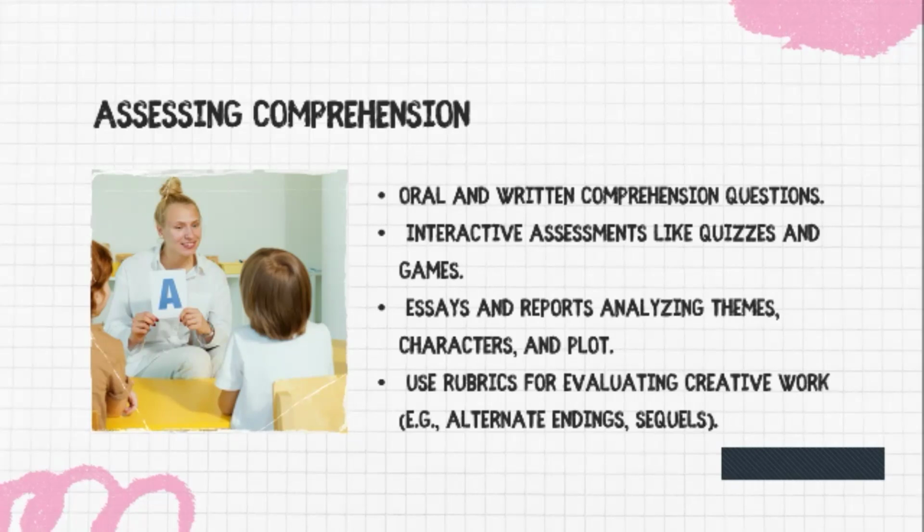We should be able to take it to creative writing, analyze the text, identify the genre of the text, discuss the structure, and everything there is about that text. And then they write their own version of the text. Then you can also use rubrics for evaluating creative work, or writing their own story, writing alternate endings, writing sequels, and all that.